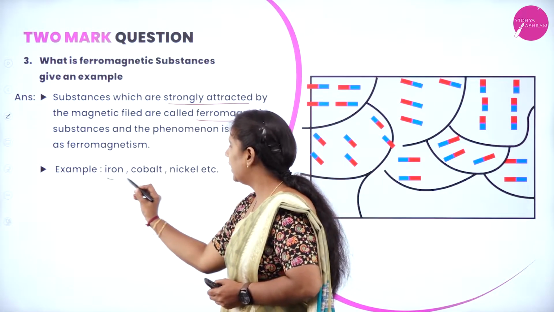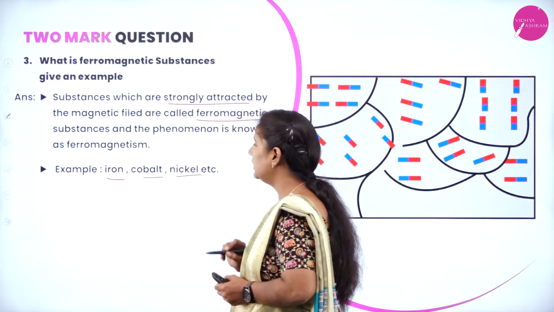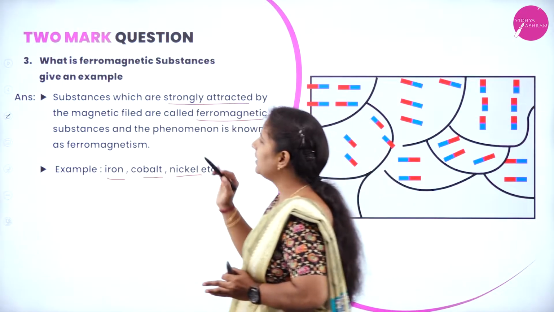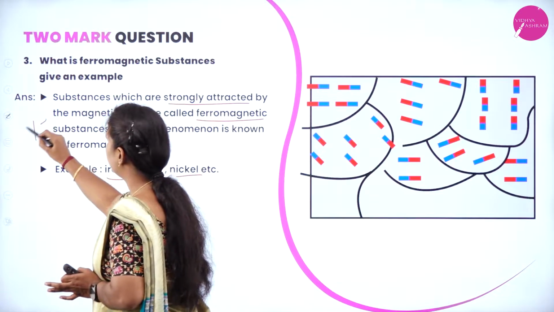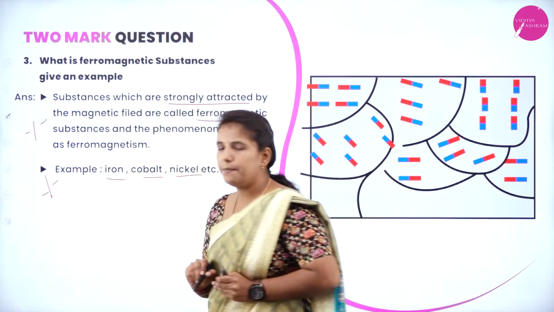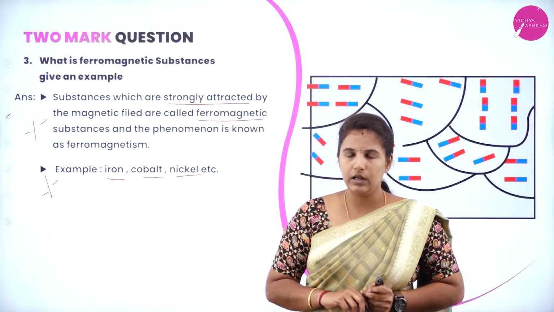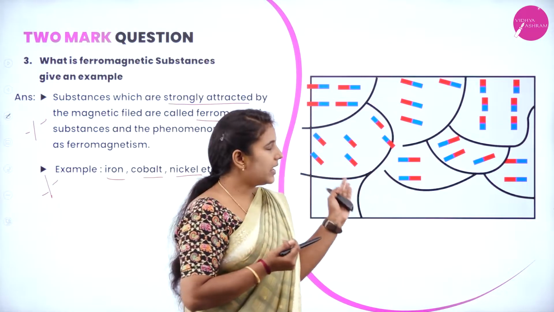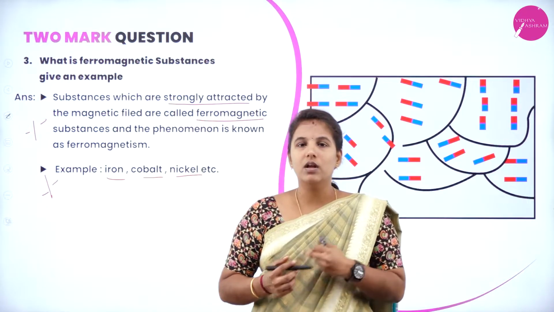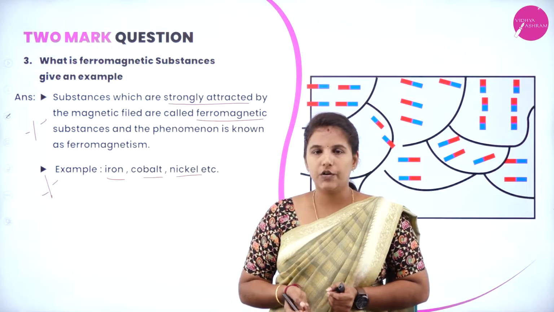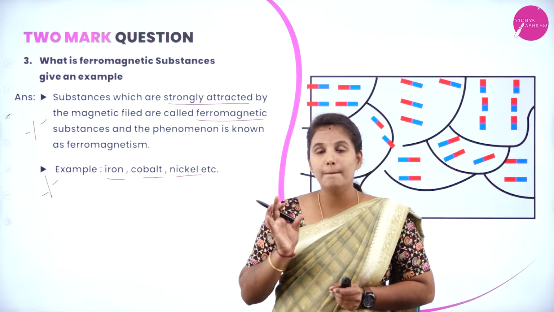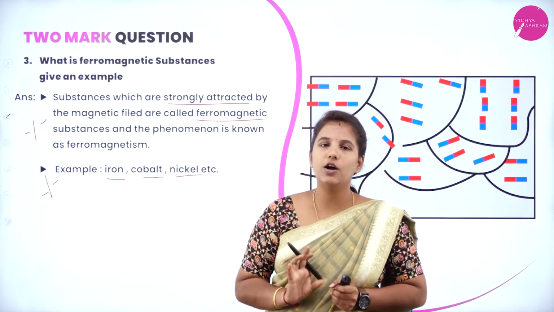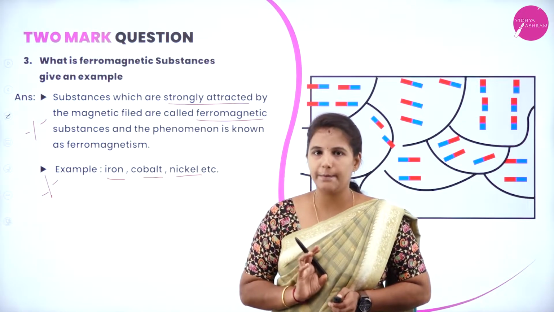Examples are iron, cobalt, nickel, etc. For writing the correct statement you will get 1 mark, and for writing the example you will get 1 mark. No need of worrying about the diagram. I have just posted this diagram for reference. Just write the proper statement along with the correct examples.